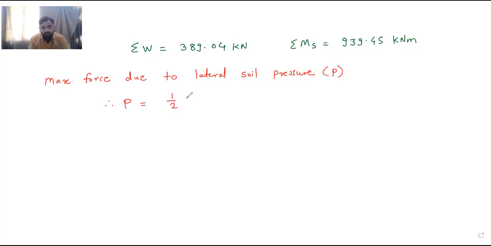P is equal to half into base, K gamma H, into H, the area of the triangle. Okay, so we want the maximum soil pressure.